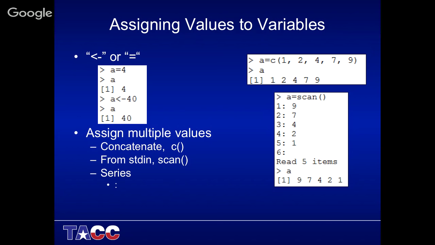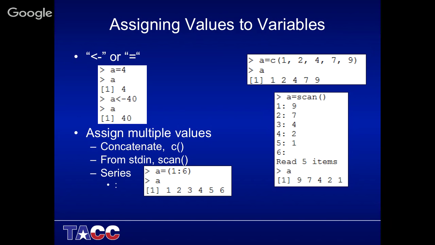And there are different shortcuts for creating a series. With the colon, over here, what we're doing is we're creating a vector with a series beginning at 1 and ending at 6, and they're separated by 1 by default. You can give a custom separator of 0.5 and so forth as an argument to such a shortcut.